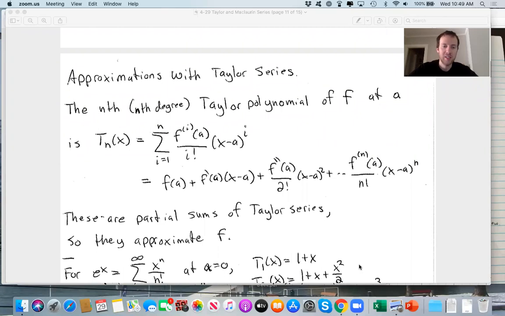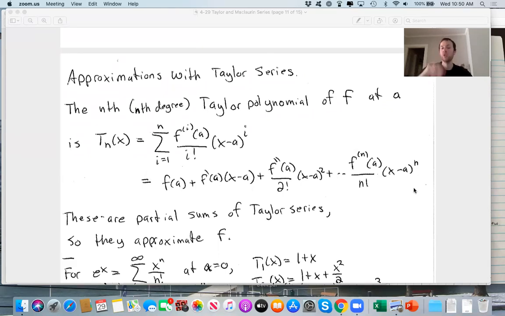And as the last thing, which we kind of saw when we were talking about approximating that integral, we can have what's called the nth degree or nth Taylor polynomial. This is stopping the Taylor series at the nth term. So it's the same formula, but you actually stop at n.